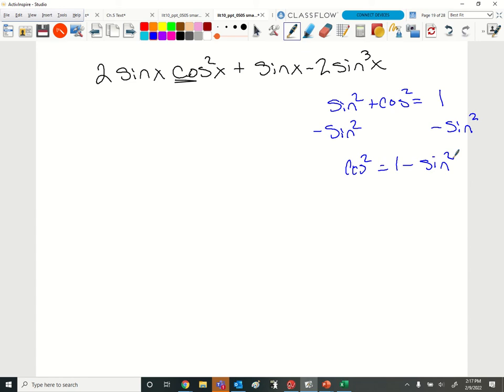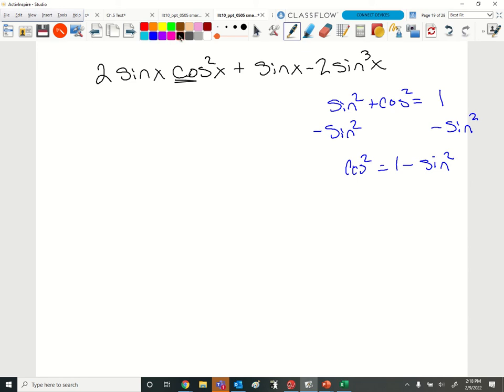We did a bunch of this all the time when we had x squared is equal to 1 minus y squared, right? But now this is the same thing, but using the actual word of cosine and the actual word of sine. So I'm going to replace cosine squared with 1 minus sine squared. And that's going to clean up everything here.